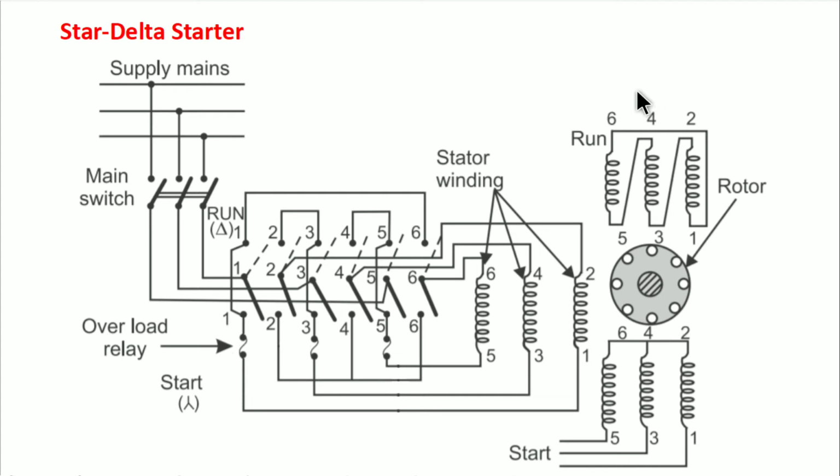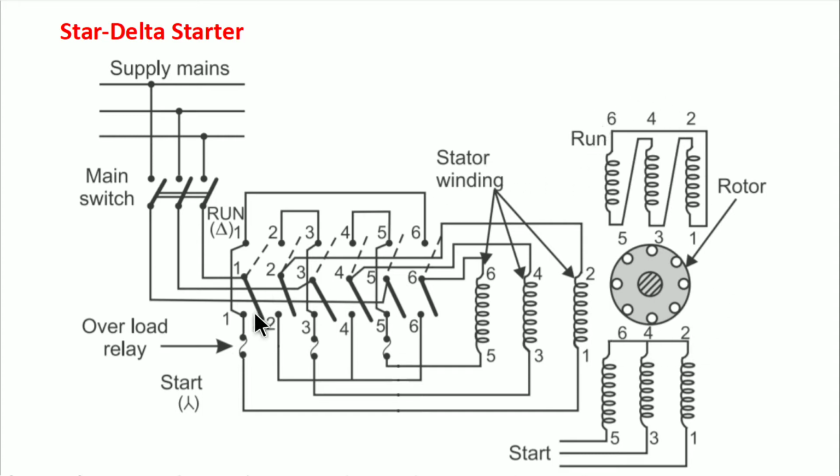And here we show that when this double throw switch is on the start or star position, the motor windings are connected like this: 3 ends are connected to supply and 3 ends are short circuited to each other.